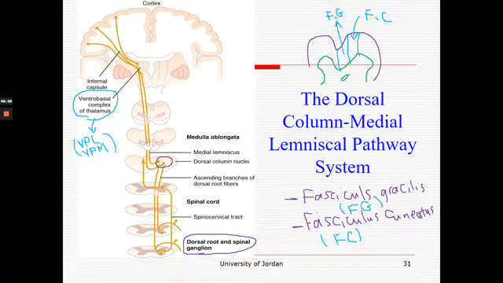And from the ventrobasal complex, the third order neuron, where do they go? They go to the primary somatosensory cortex.